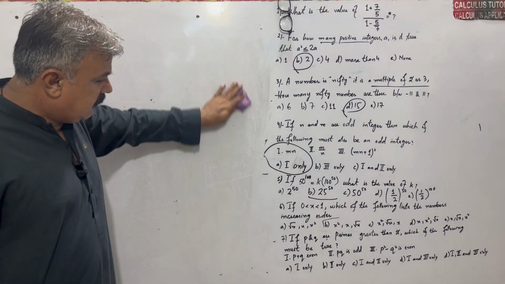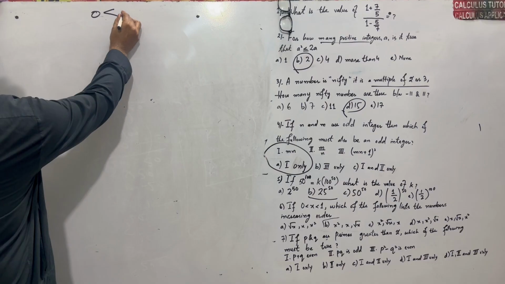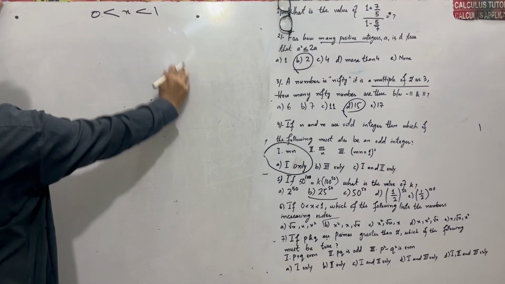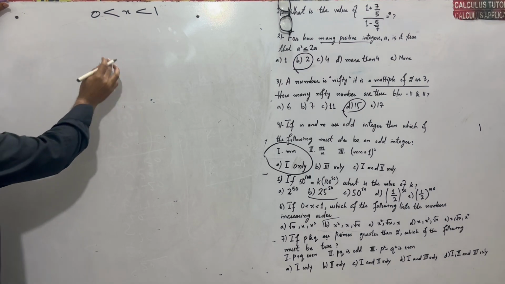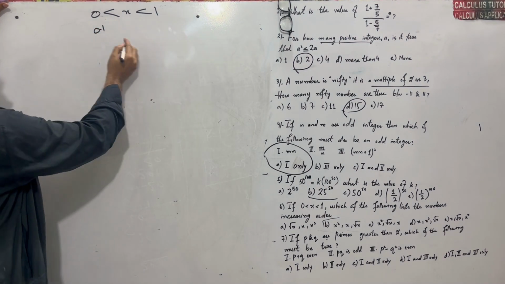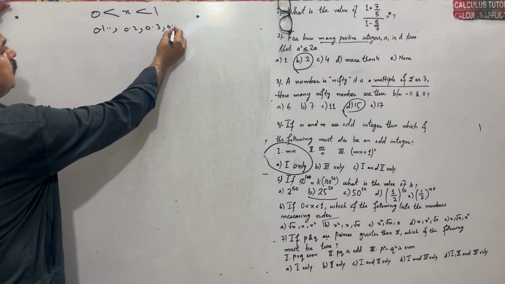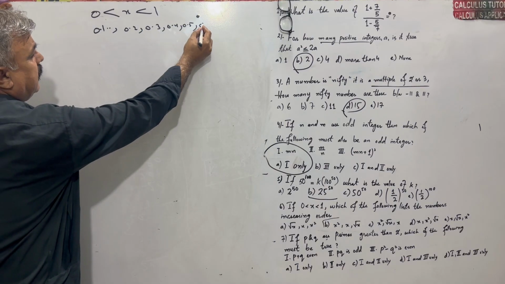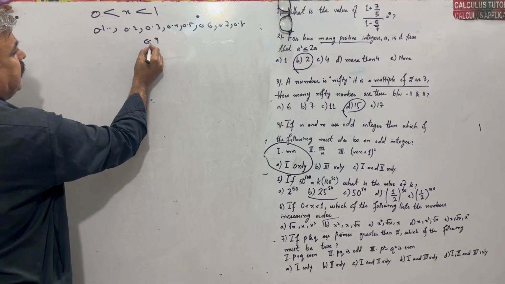We have given that if x lies in the open interval 0 is less than x is less than 1. That is the magical interval to me. You can take all values: 0.1, 0.2, 0.3, 0.4, 0.5, 0.6, 0.7, 0.8, 0.9.